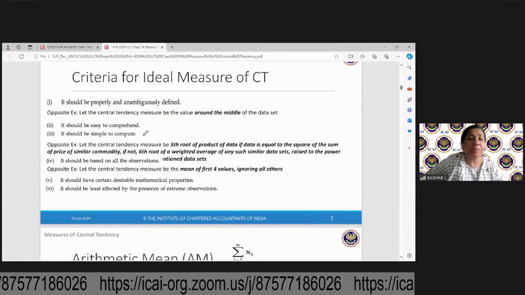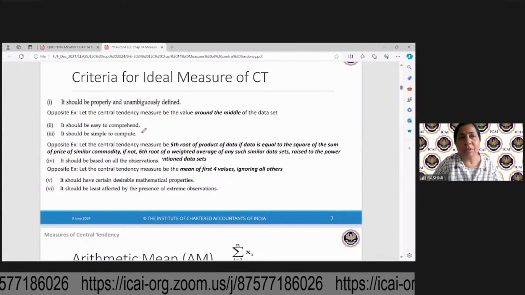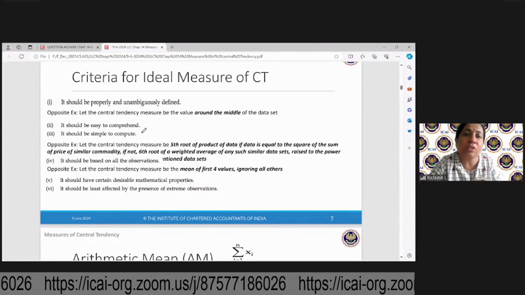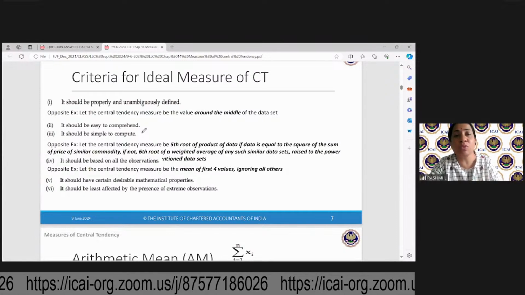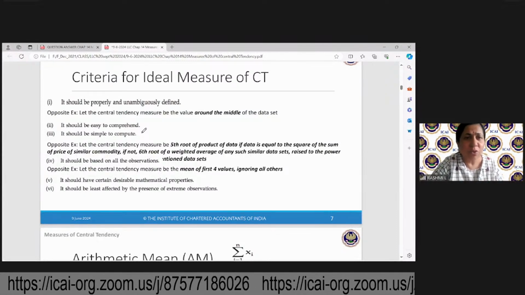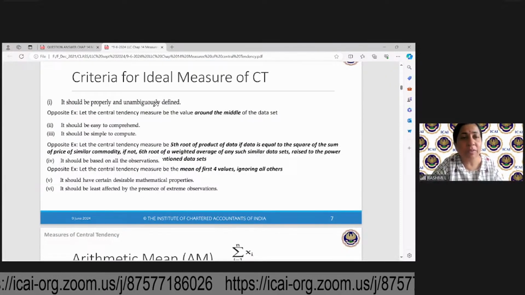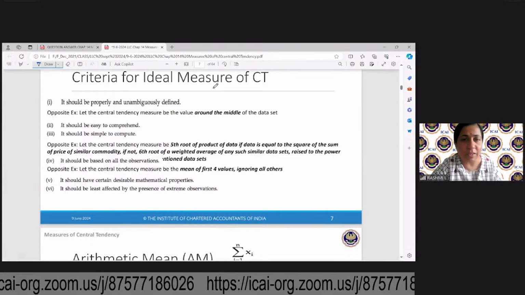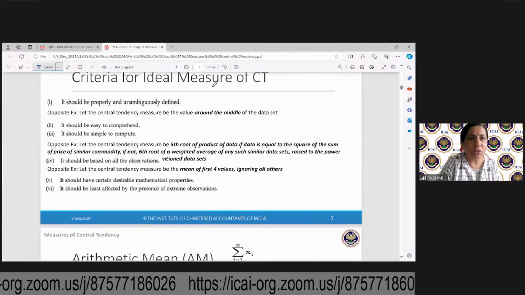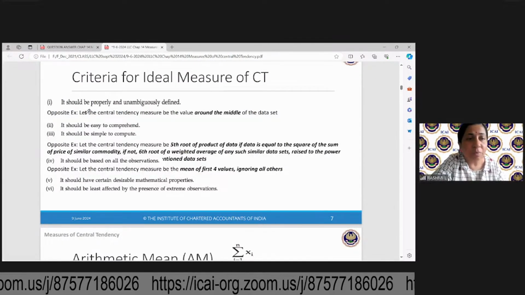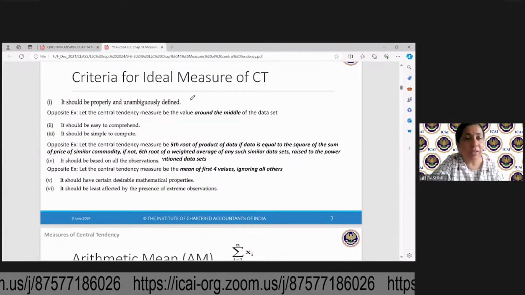You should know this, because they will give you four options and ask which of them is not true, or which of them is true, or one of the above, all of the above, that type of thing. So what is the criterion for an ideal measure of central tendency? It means what method should I use that will describe the data available in hand? It should be properly and unambiguously defined.